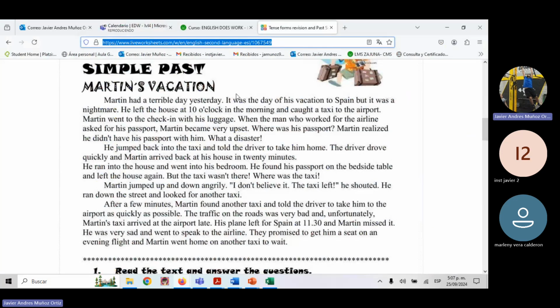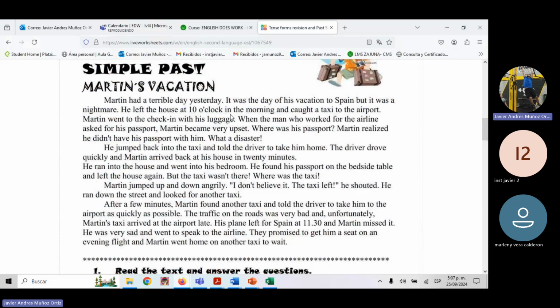You're going to have this text, and the objective of this text is to find the verbs in the sentence. That's it. For example, Martin had a terrible day yesterday. What's the verb in past? In this case, it is had, nothing else.